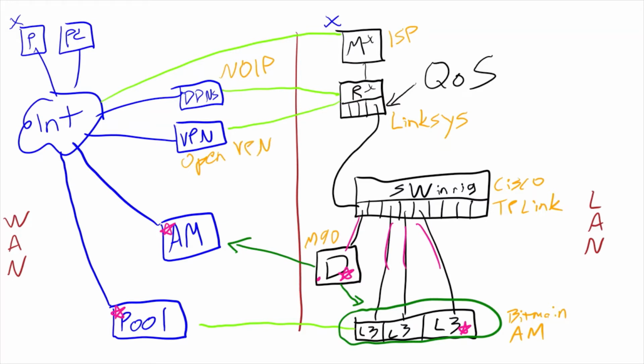And if you buy this particular Linksys router, it acts as an OpenVPN server or gateway. So those two things work really well together. That's all integrated nicely. And then Awesome Miner is from awesomeminer.com.